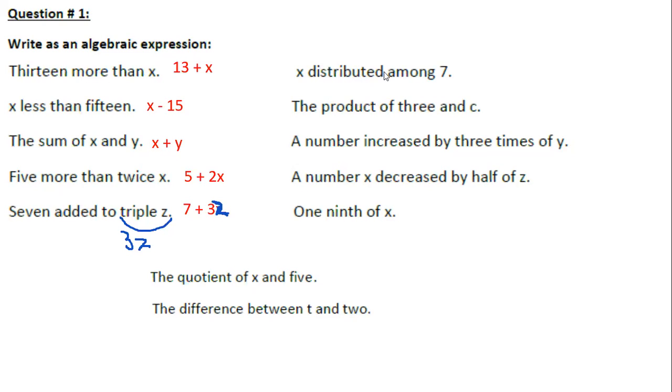X distributed among means divided, times 7? What does distributed among mean? Division. It's the division sign. You noticed that if you haven't memorized more than, less than, some, added to, distributed among, you won't be able to do these.